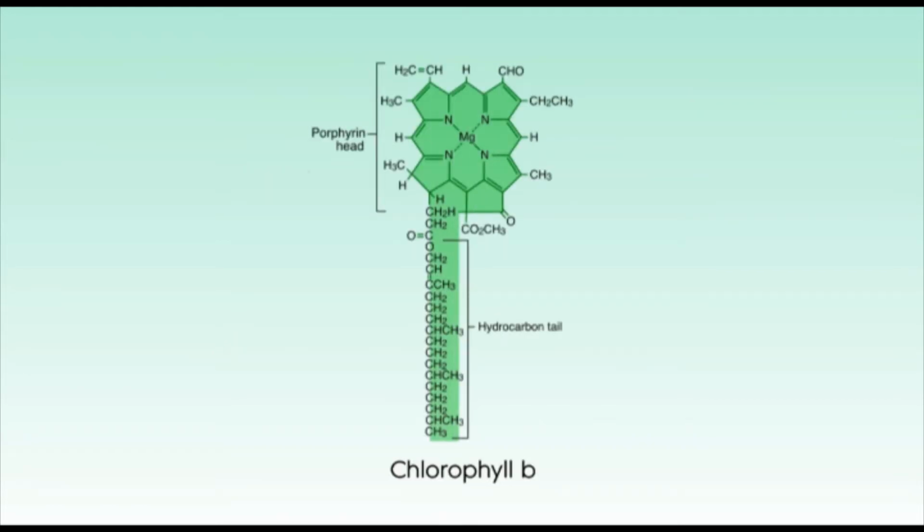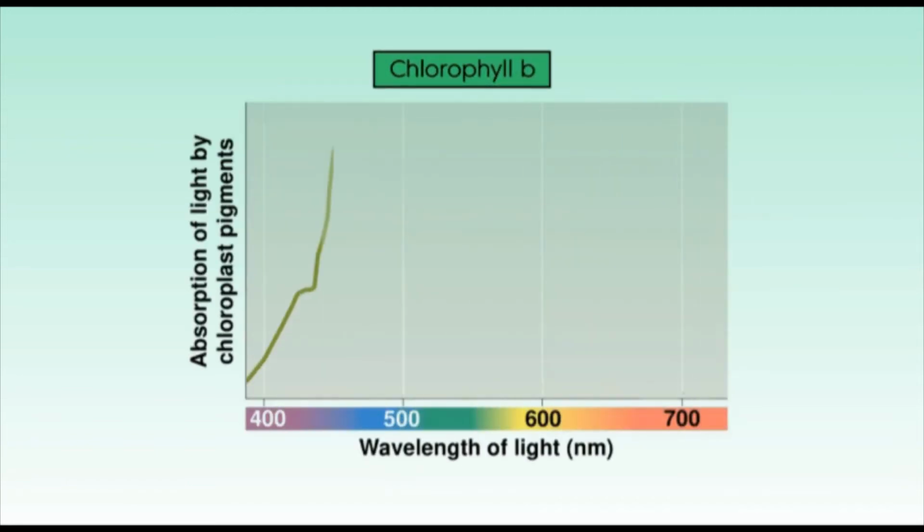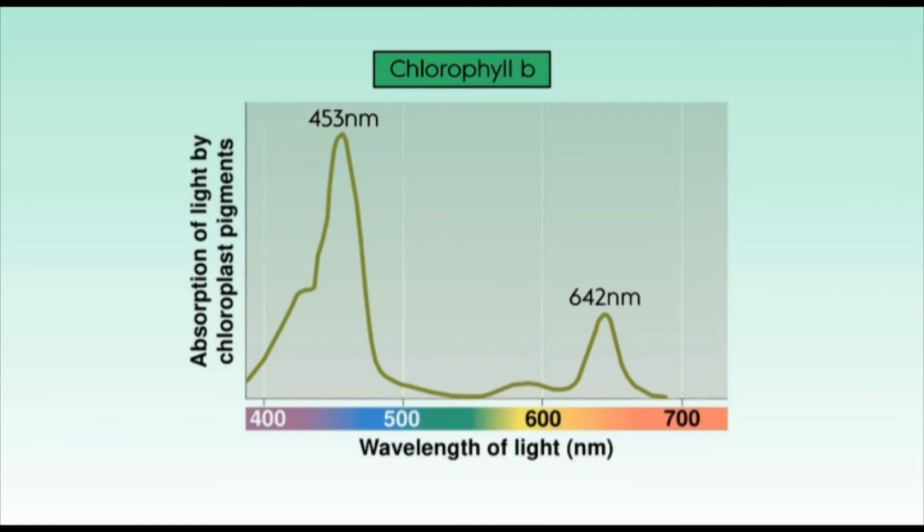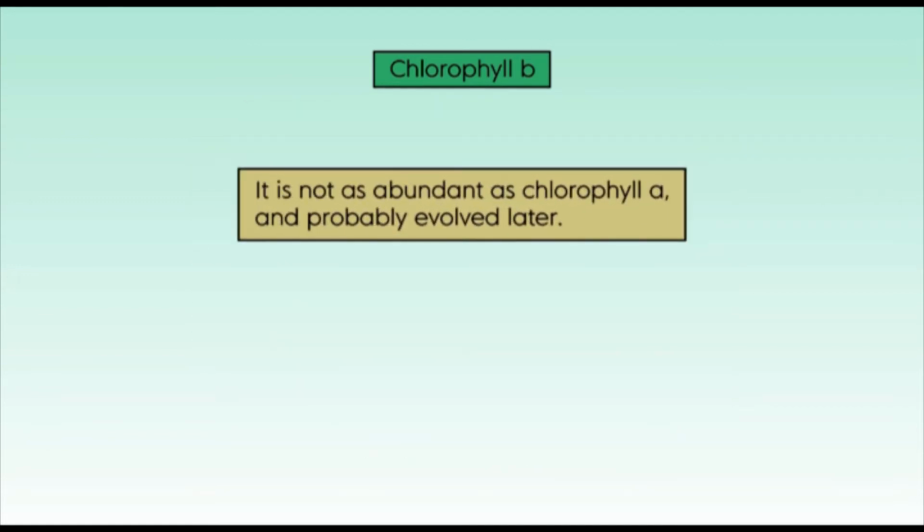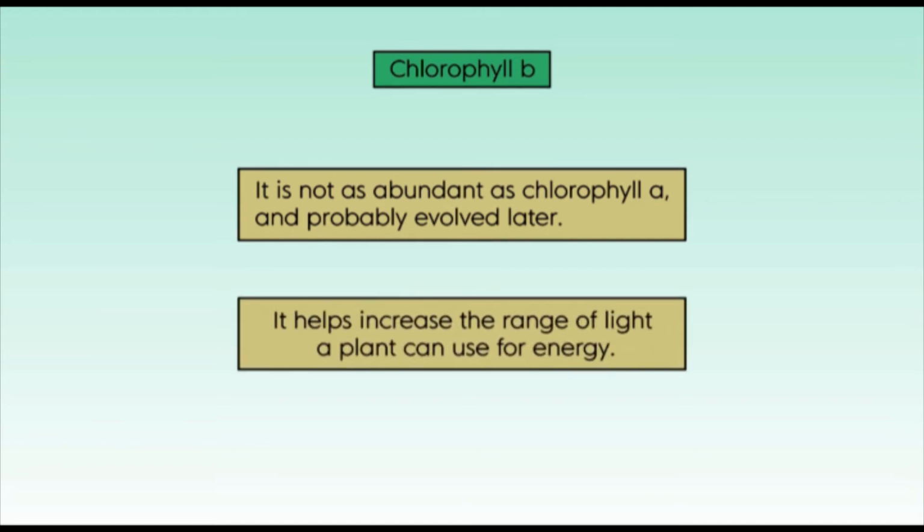Chlorophyll B has a structure similar to that of chlorophyll A. It absorbs light of 453 nanometers and 642 nanometers maximally. It is not as abundant as chlorophyll A and probably evolved later, but it helps increase the range of light a plant can use for energy.